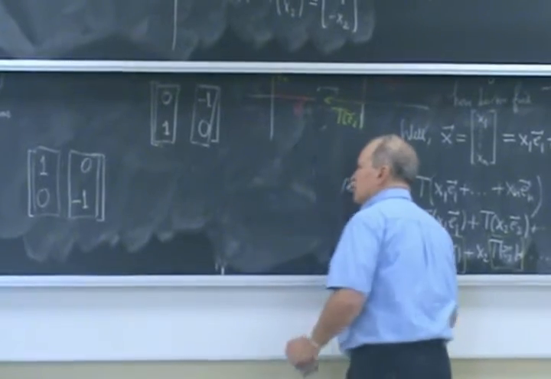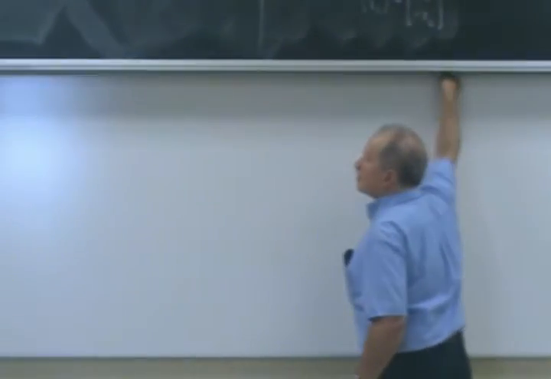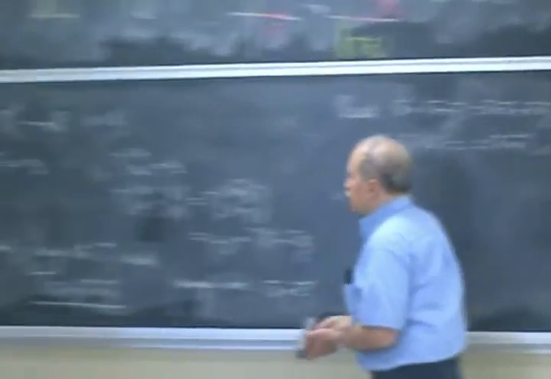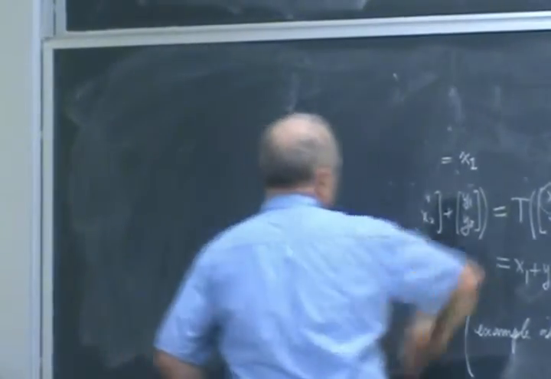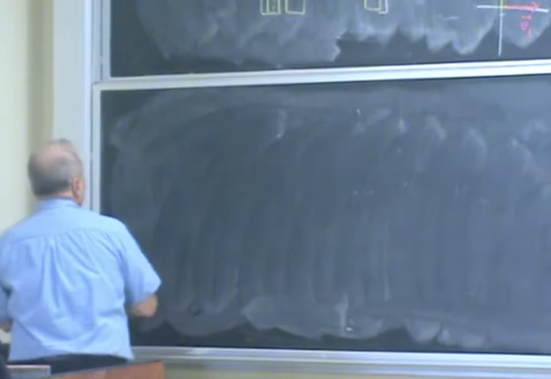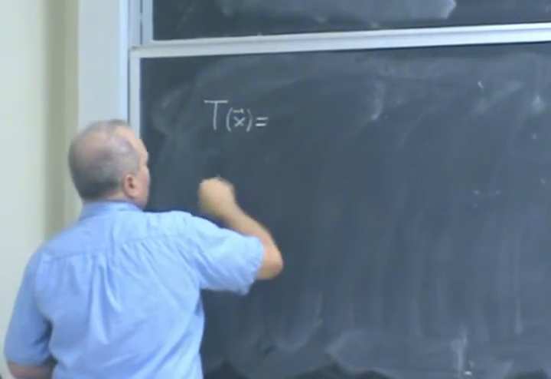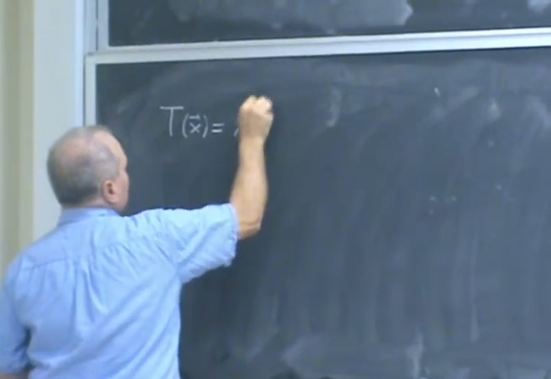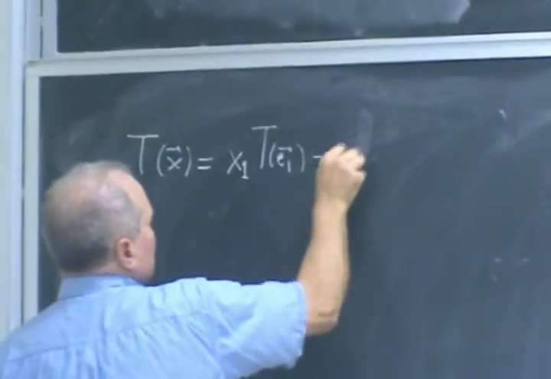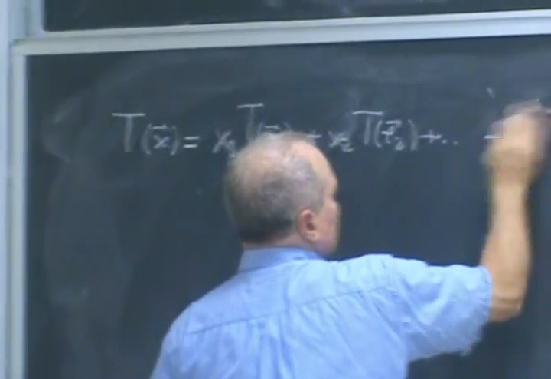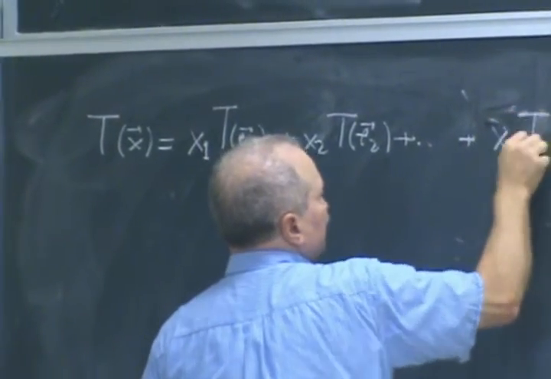So if I want to do T of x, I want to take x1 times the first column plus x2 times the second column plus xn times the last column.